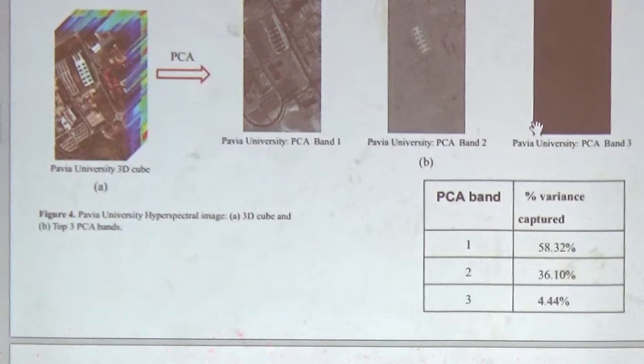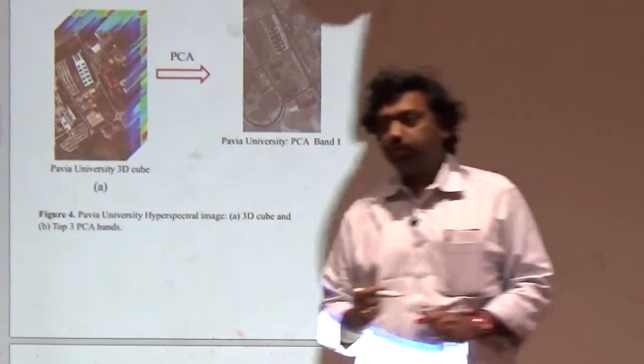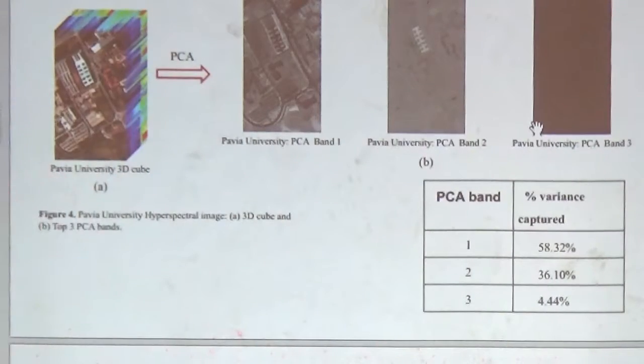The error that you incur in reconstructing X from Y in the mean squared error sense, mark my words, is just equal to summation J equal to 4 to capital N of lambda J. And what is that lambda J? It's close to 0, isn't it?